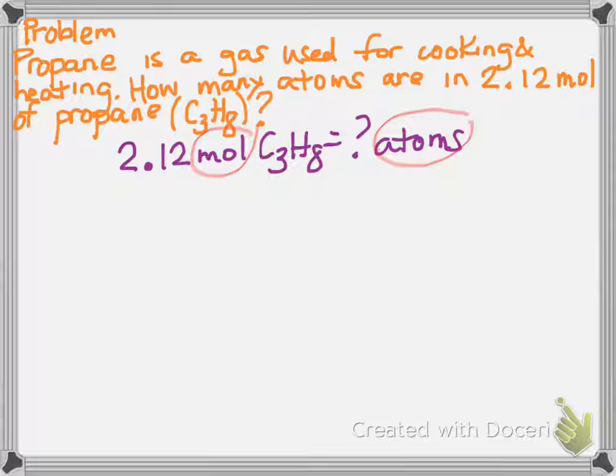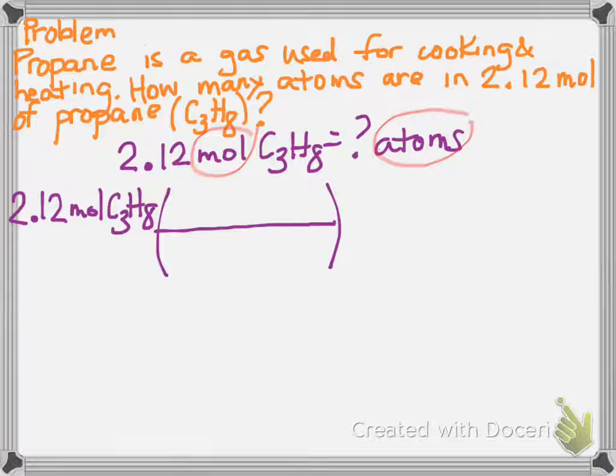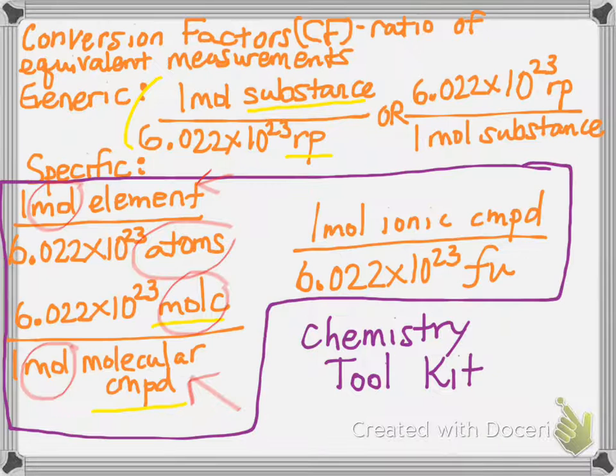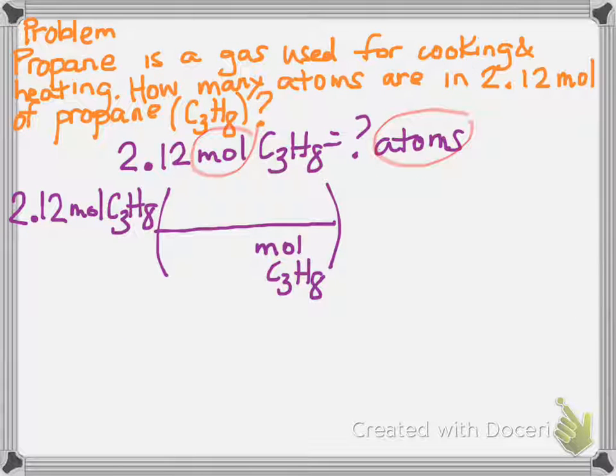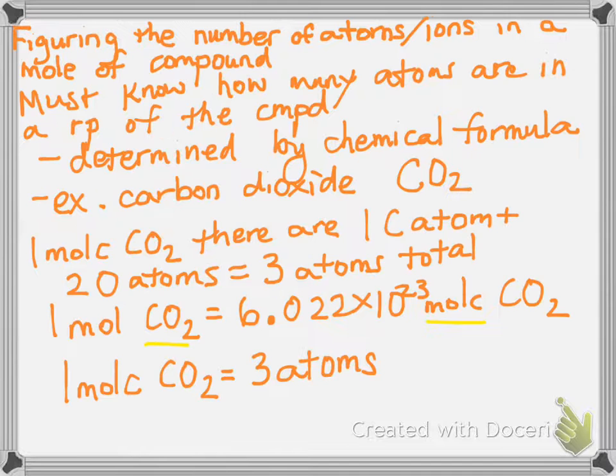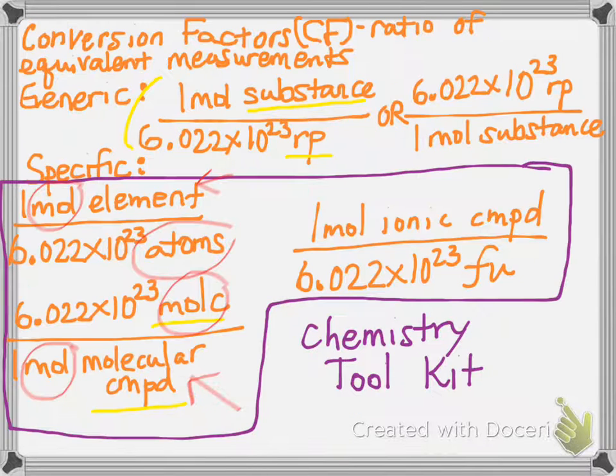So if I start with my given 2.12 moles of propane, I know moles will have to go on the bottom to cross out. Based on that tool, I have to have molecules of propane on the top because propane is a molecular compound. Now, numbers, I don't care if you do them now or at the end, so we'll do them now.